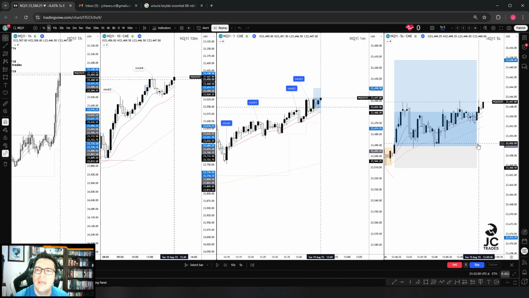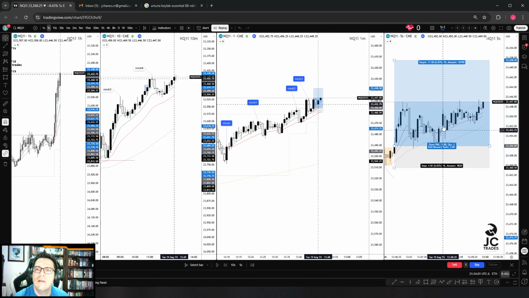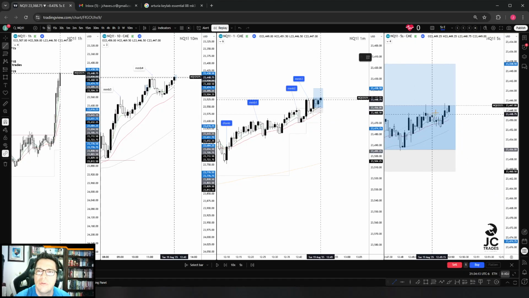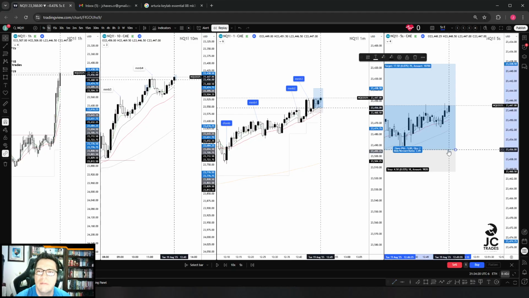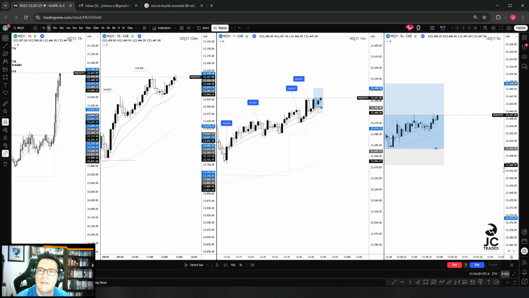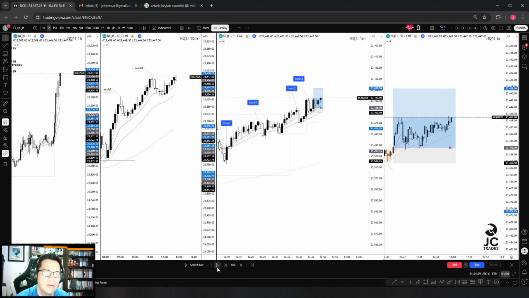So I would say until now that we have this candle close above this high, this is the point where I would, through this candle close, put the stop loss to break even. So I'm just going to label this one, stop loss to break even, and then let's play the rest from there.